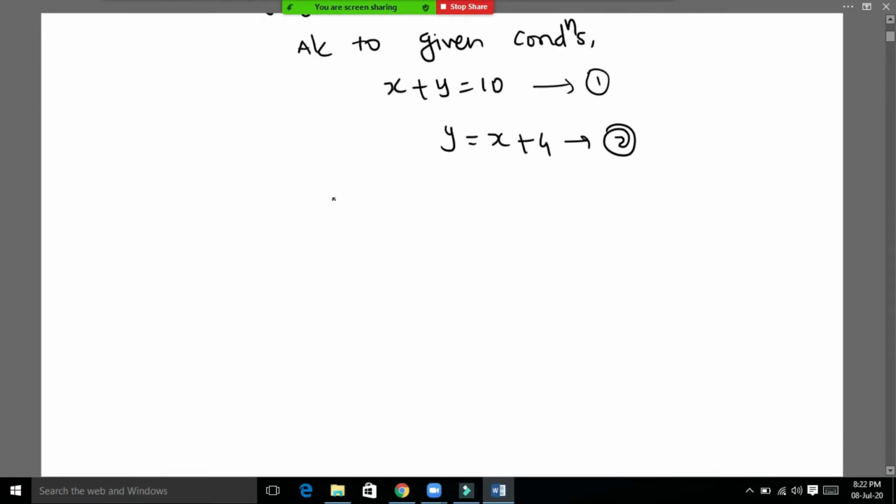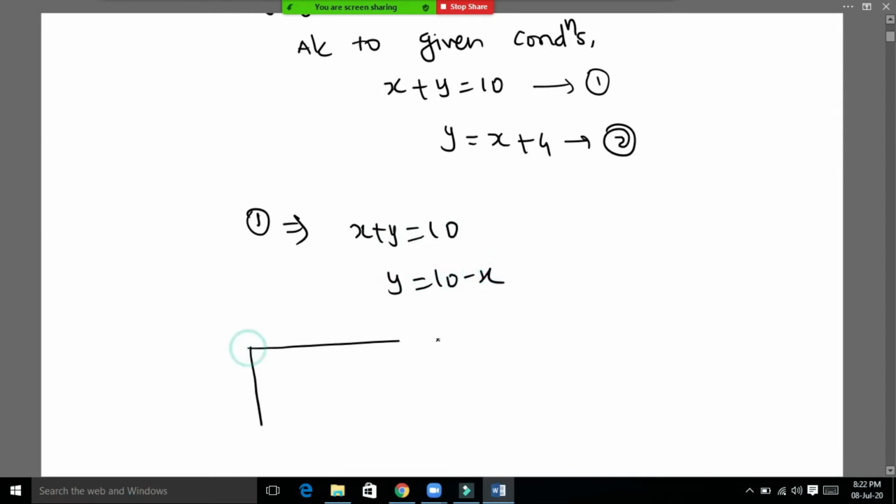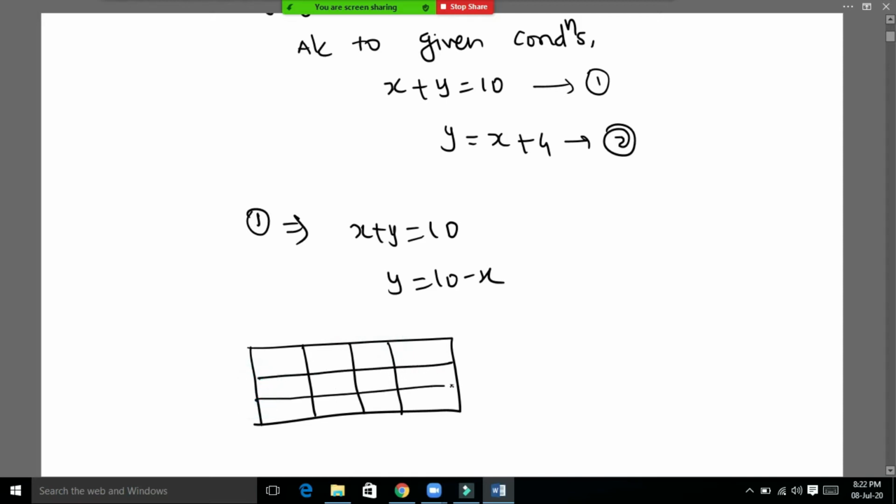So for the first equation, we convert it to one variable: y is equal to 10 minus x. Now we substitute different values of x and for the corresponding values, we find the values of y.